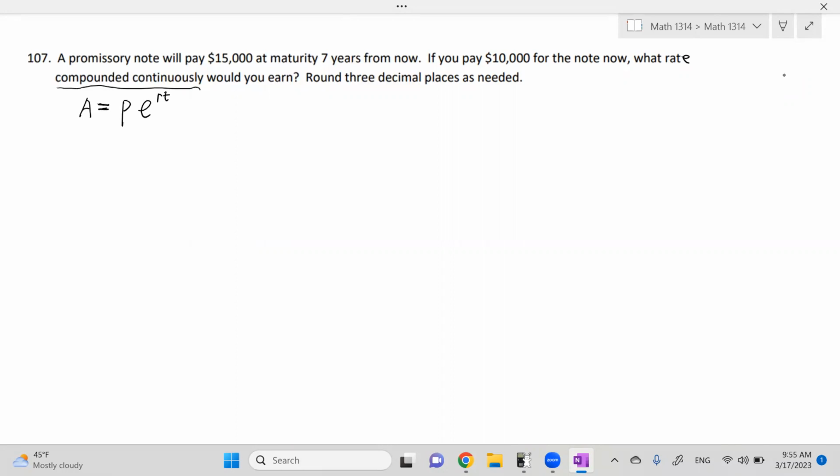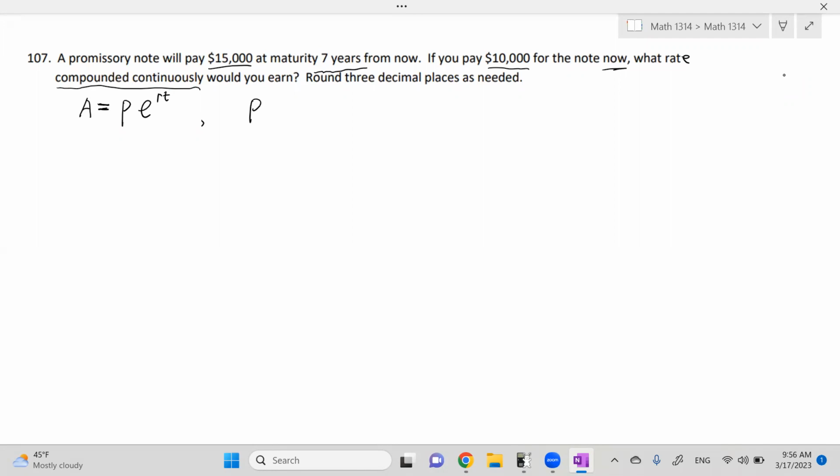And now, what information is given in the question? The promissory note will pay this amount of money after 7 years. If you pay for the note now, what's the meaning of that? That's the initial amount, or principal.